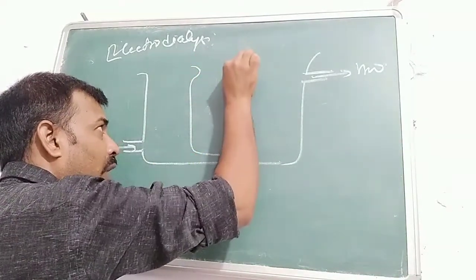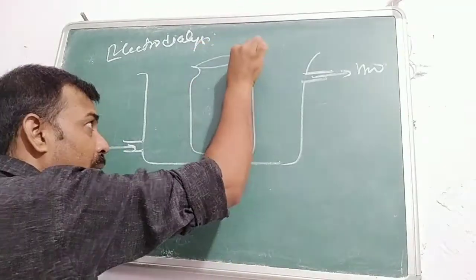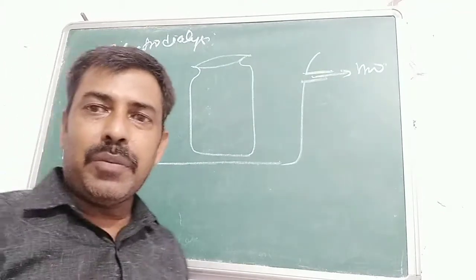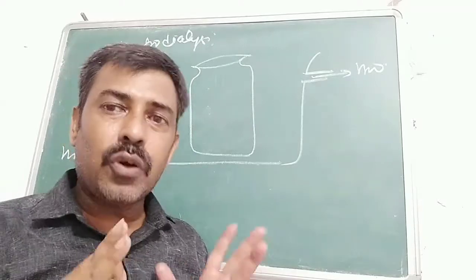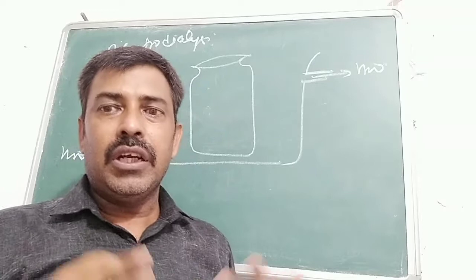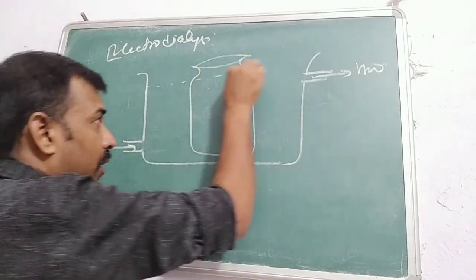In the last video, I clearly said it is a porous container, not a semi-permeable membrane. In the case of a semi-permeable membrane, the particles move by the process of osmosis. Here it is not osmosis, it is following the principle of diffusion. So this is the water.